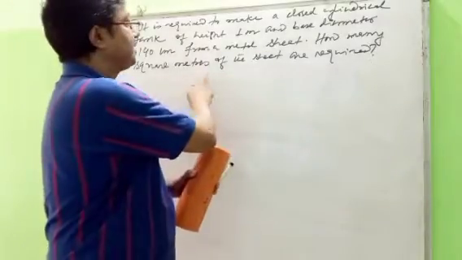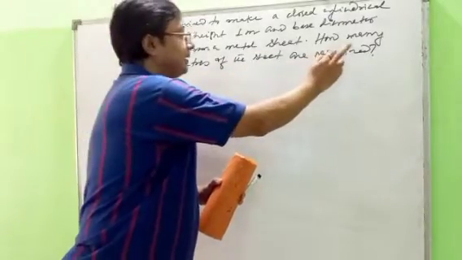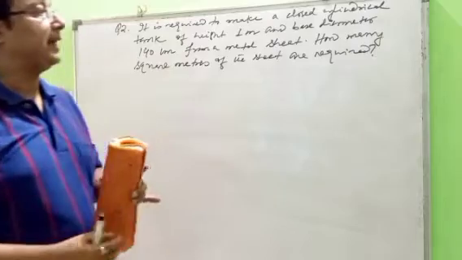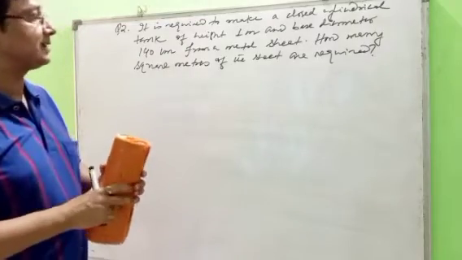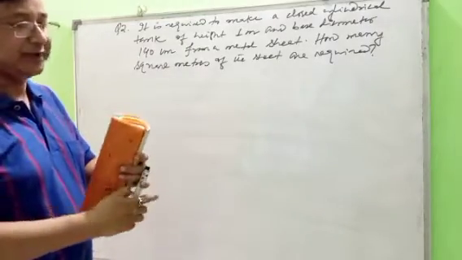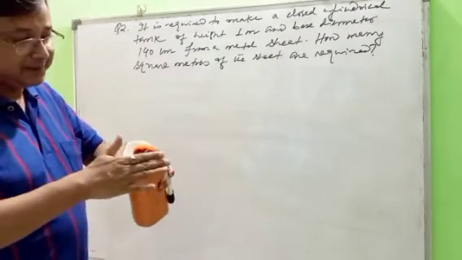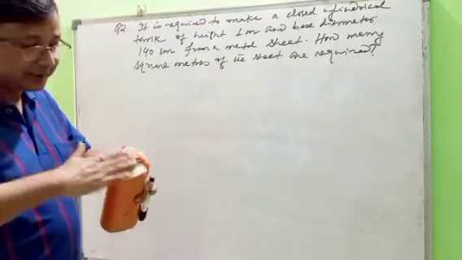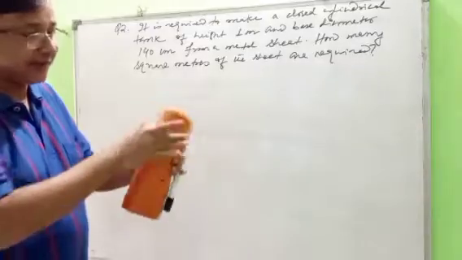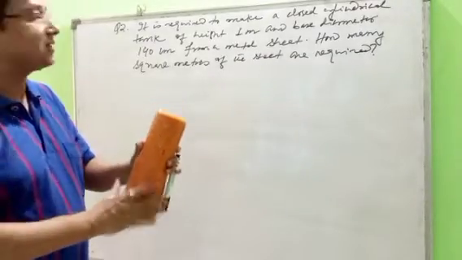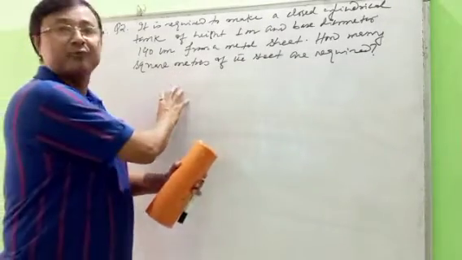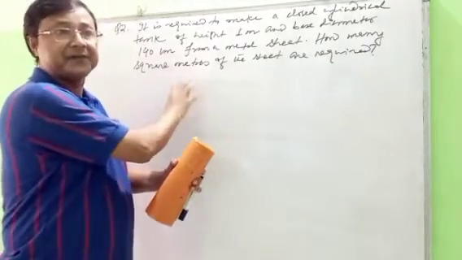How many square meters of the sheet are required? So you have to find the area in square meters of the sheet. That means you are going to find the total surface area, taking both the circular ends and the curved surface.